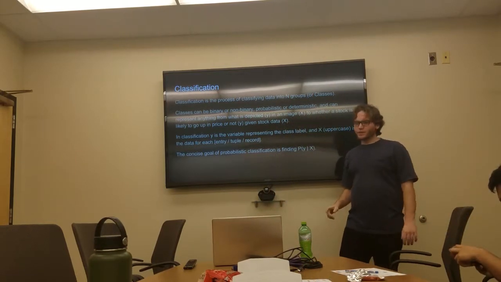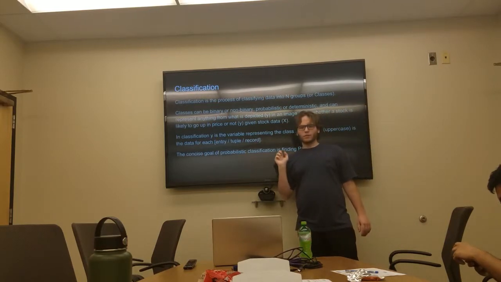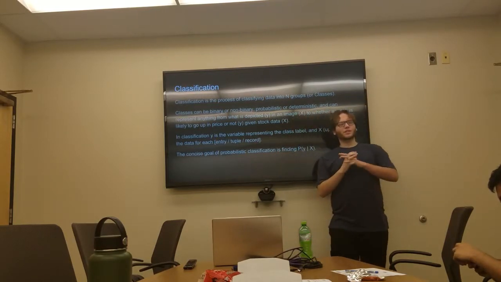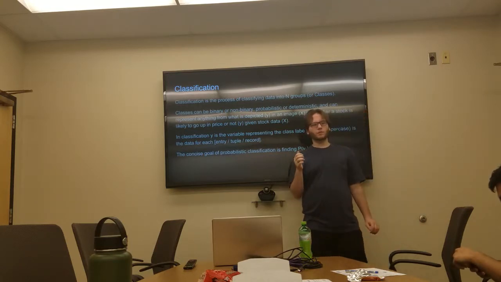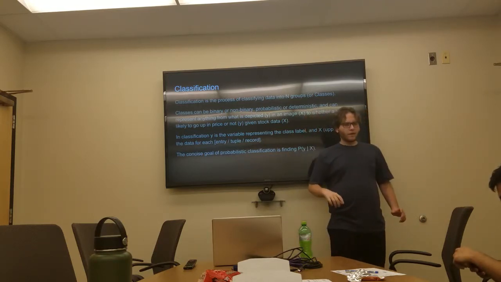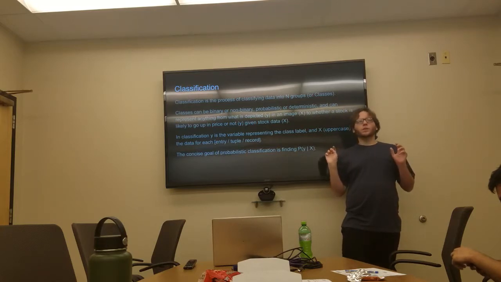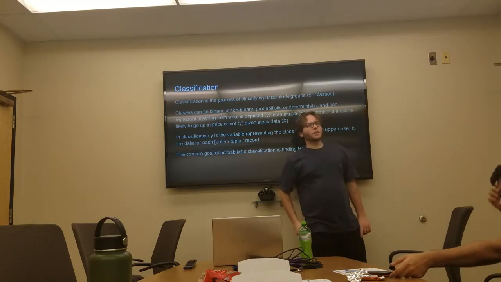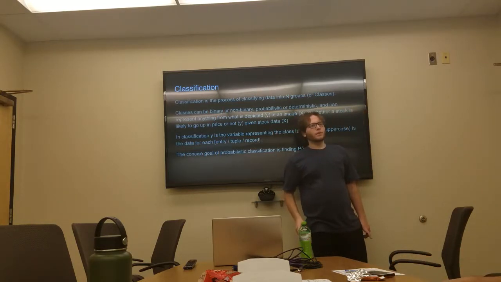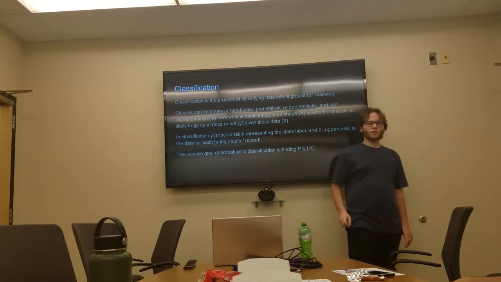So classification, basically what we're doing is we are taking our image, which is going to represent our data, and we're going to assign it to be in one of n classes. Some examples of this: have you ever heard of the IRIS data set?